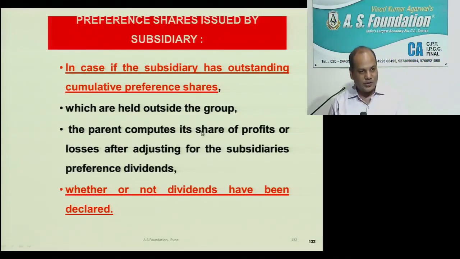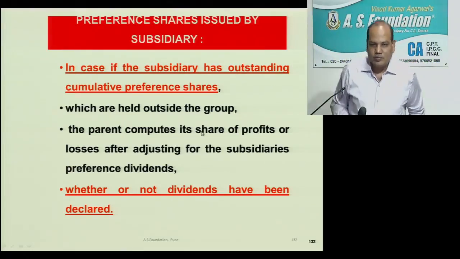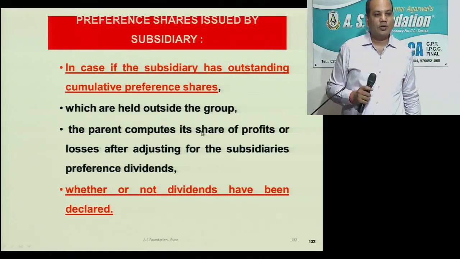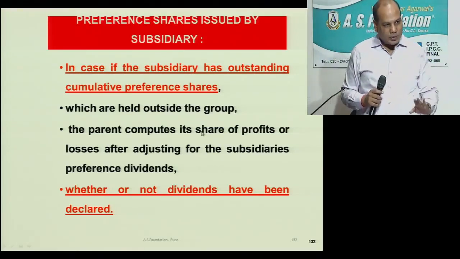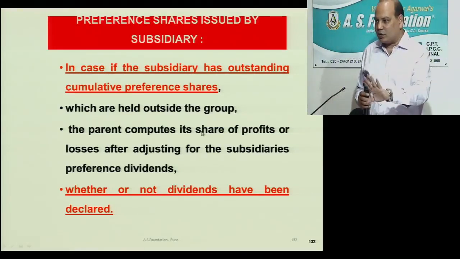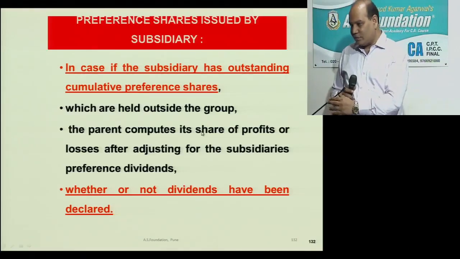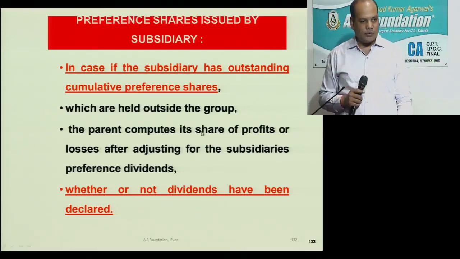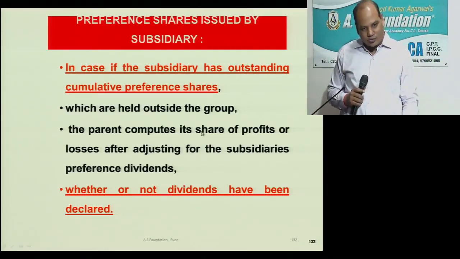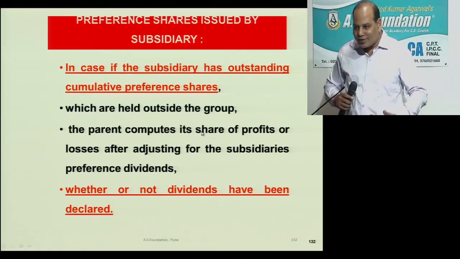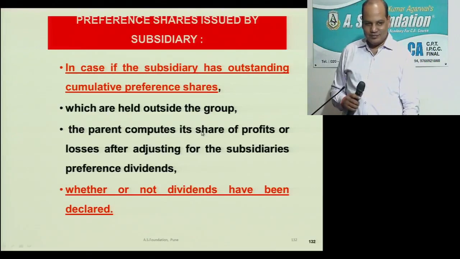So one hidden adjustment they will ask you. Sometimes the subsidiary has outstanding cumulative preference shares. This paragraph is applicable only if it is a cumulative preference share. And if it is not a cumulative preference share, forget this adjustment. Okay? If the question is silent, assume preference shares are cumulative.